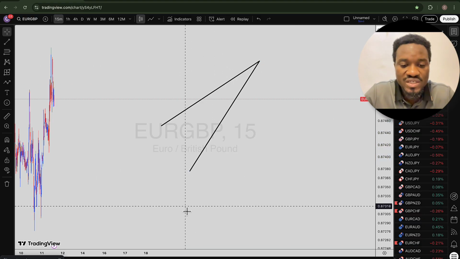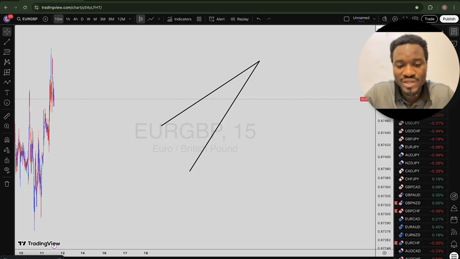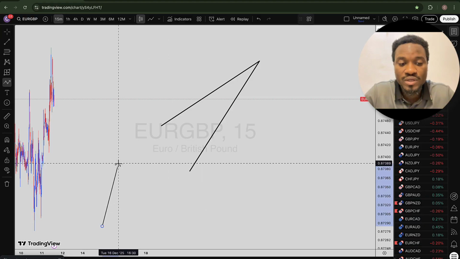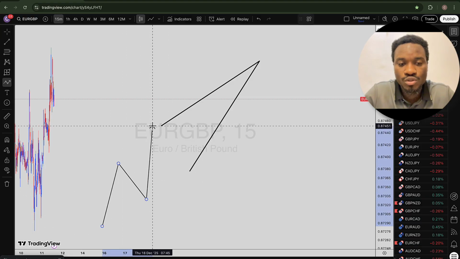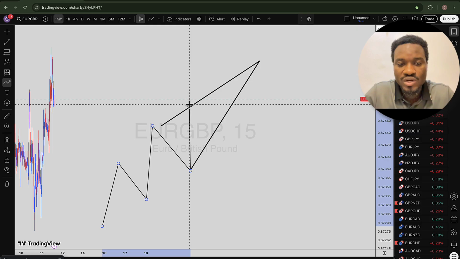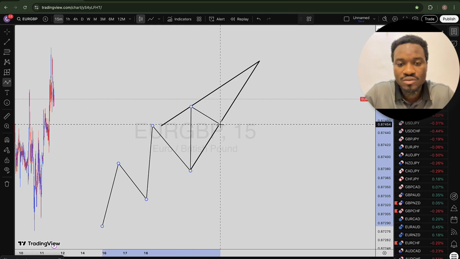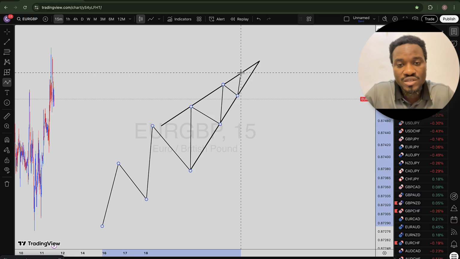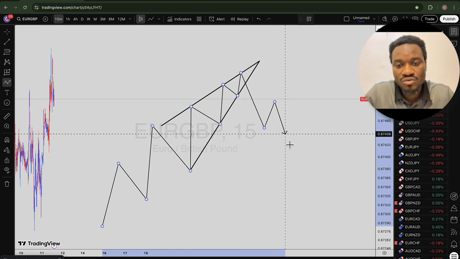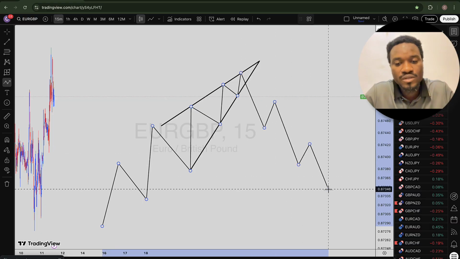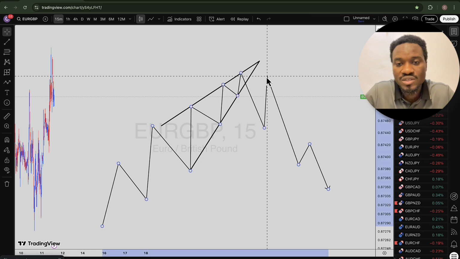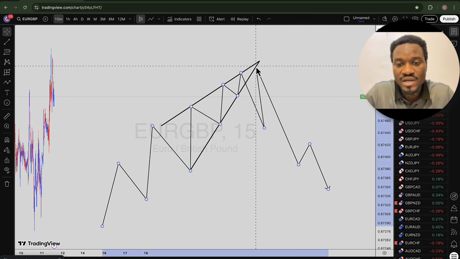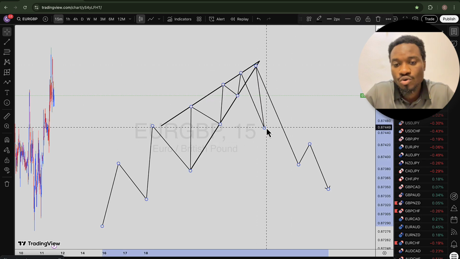So it means price can travel into this pattern in 2 ways, either from a downtrend market push, whereby we have something like this. You can see how the price kept on going into this pattern. Then suddenly price breaks all the way down and reverses all the way down. Sometimes price may retest this level to prove that yes, it's valid, and then price starts coming all the way down.